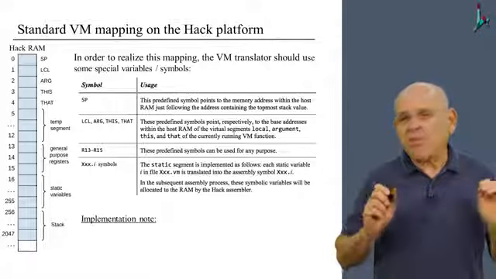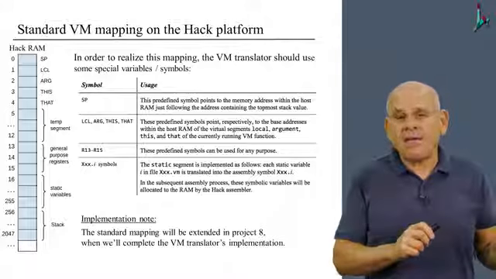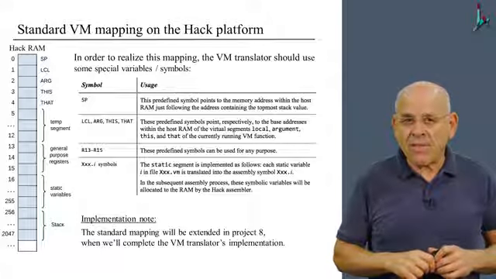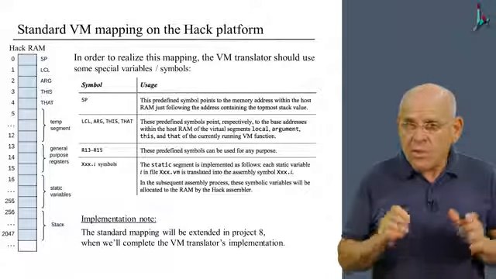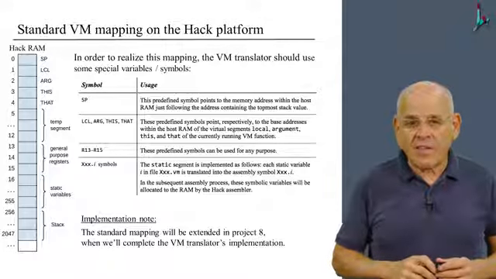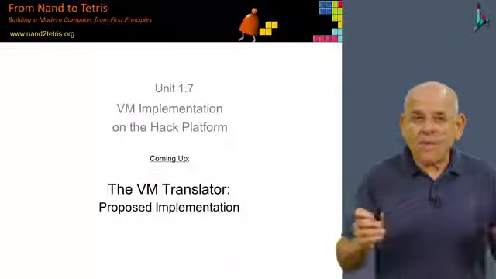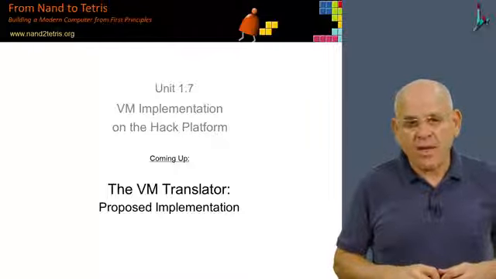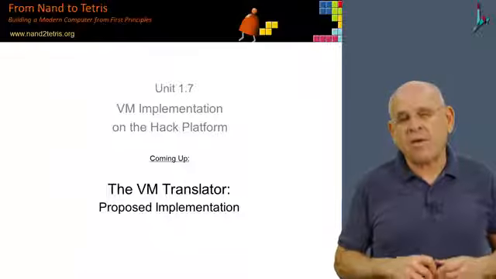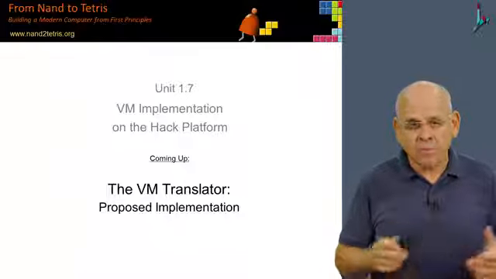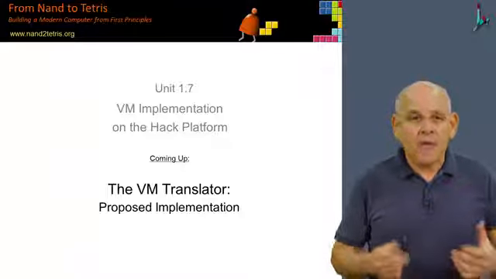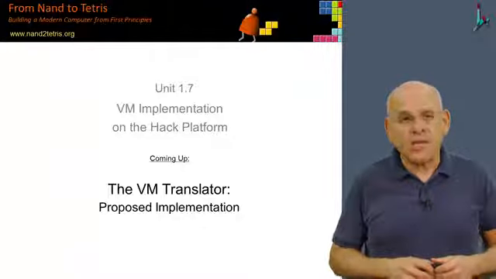Finally, in project 8, in which we are going to implement the remaining VM commands that we haven't implemented here, we're going to extend this mapping somewhat and add a few more conventions to it. So this has been our unit on how to map the virtual machine on the host RAM and the host computer. Now we'll finally come to discuss how to actually build this program using a high-level language.